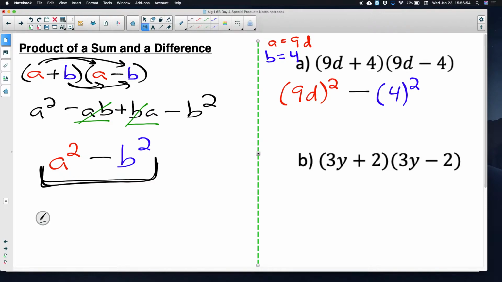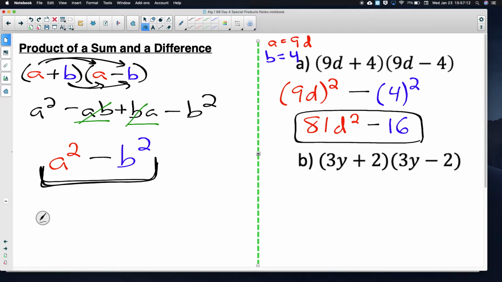And then when I simplify that, 9D squared, that's going to give me 81D squared, and then minus 4 squared, so that's going to give me minus 16. This one's a little cool once you see that pattern, that middle term just completely goes away.